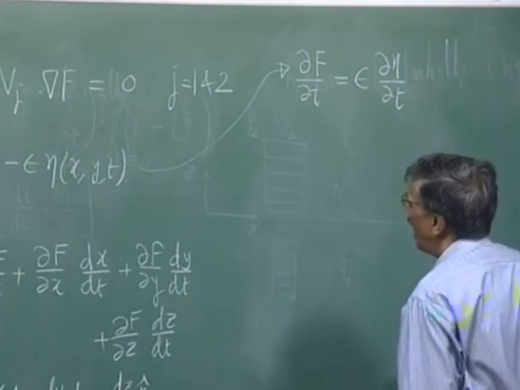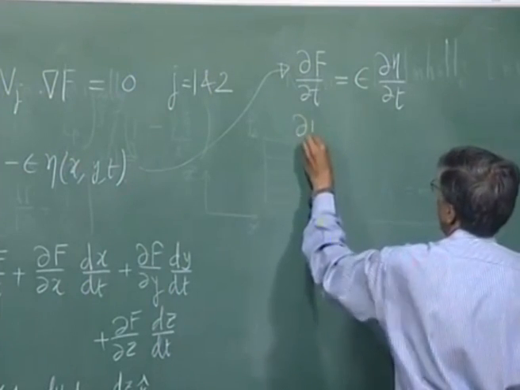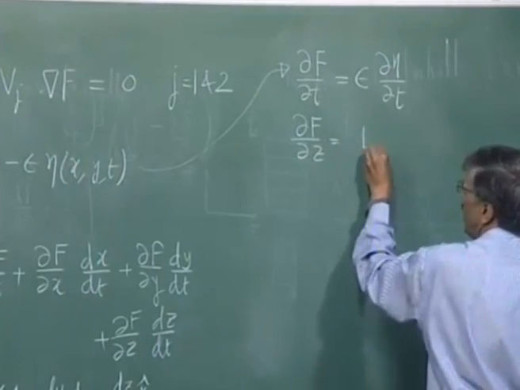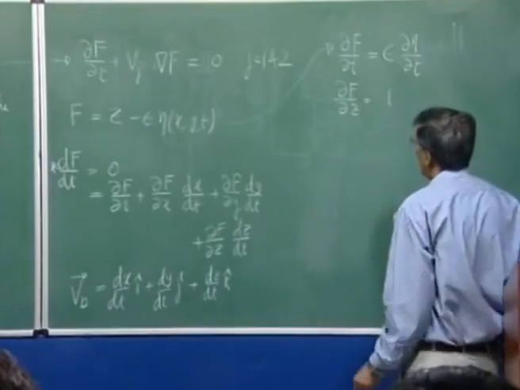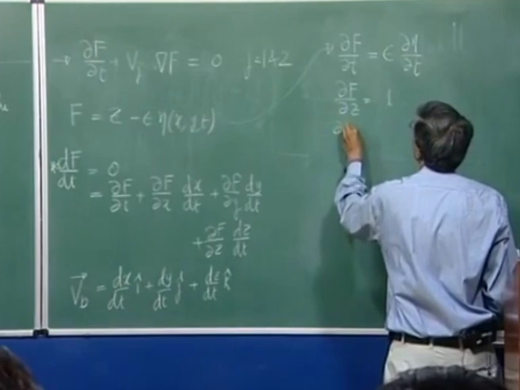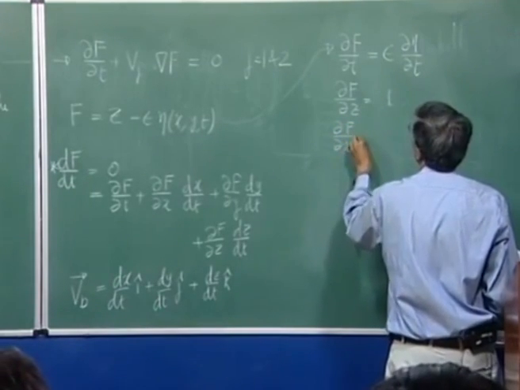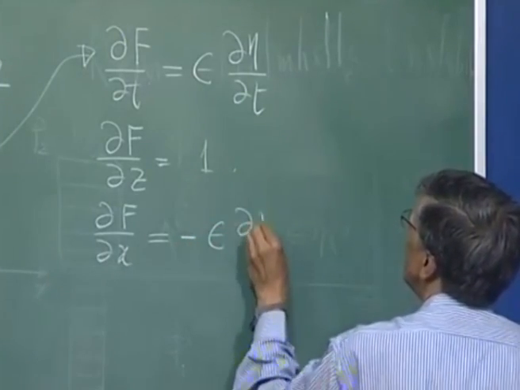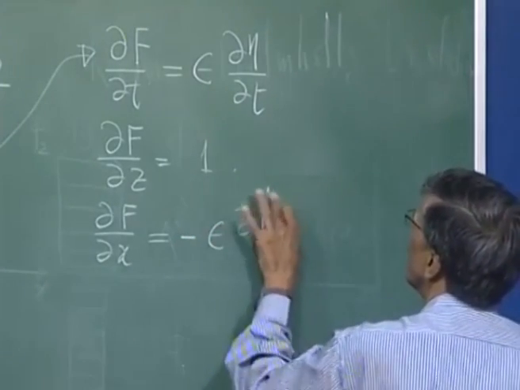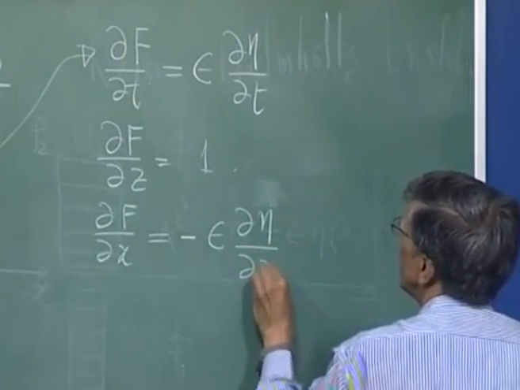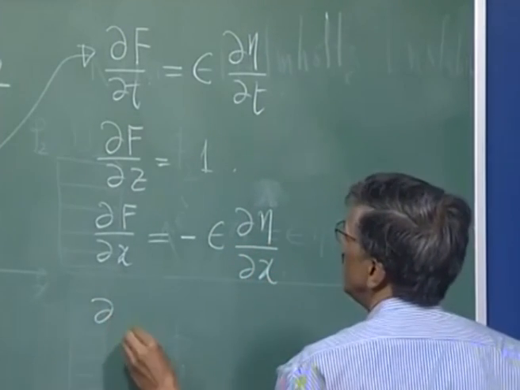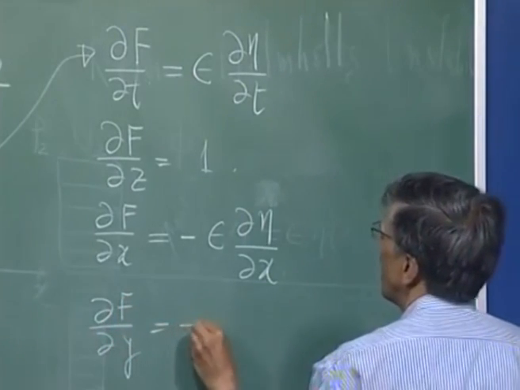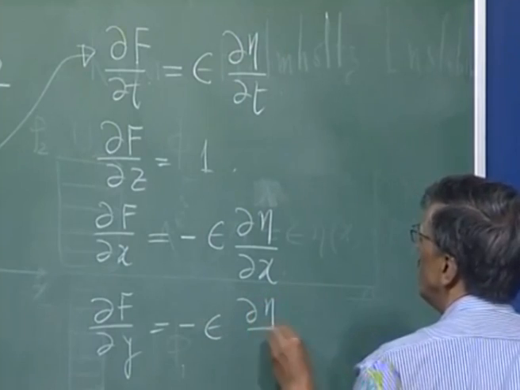Okay. And what about del f del z? One, right, and del f del x is going to be minus epsilon del eta del x, and del f del y is equal to minus epsilon del eta del y.